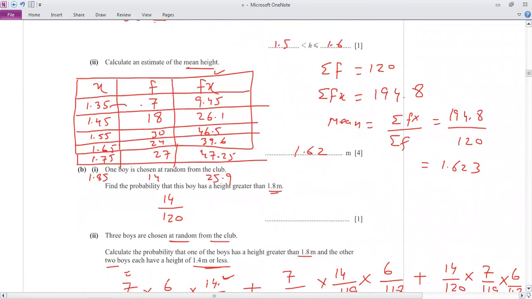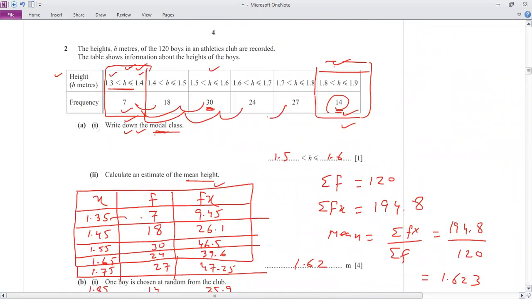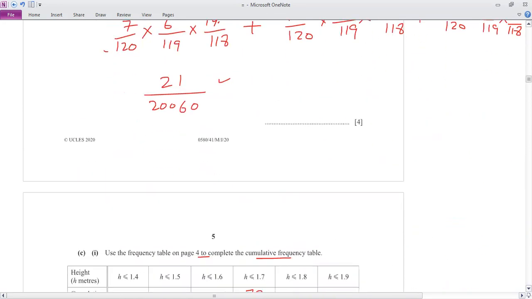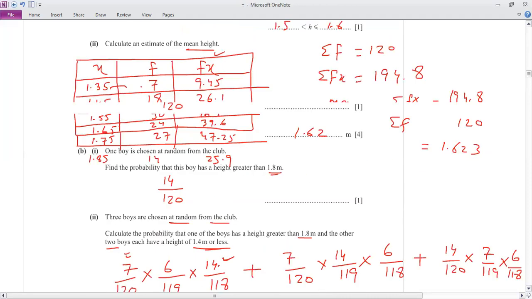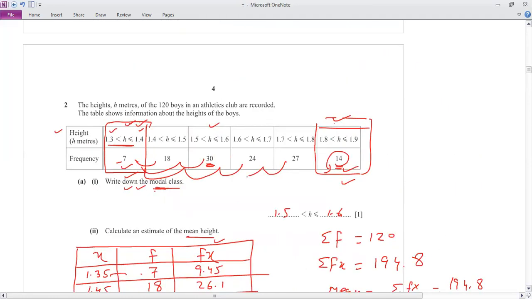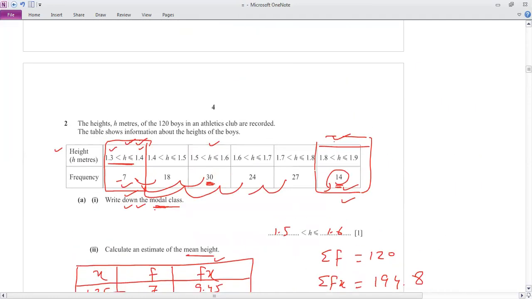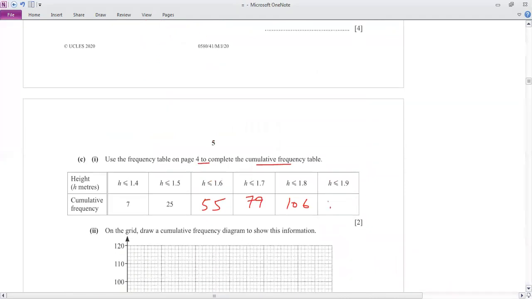Then add all of these previous till the first one, 27 plus this 17, 106. And the last one again add 14 in all previous, so you will get 120. If your last cumulative frequency is equal to total number, it means you completed the table accurately. So cumulative frequency table is complete now.